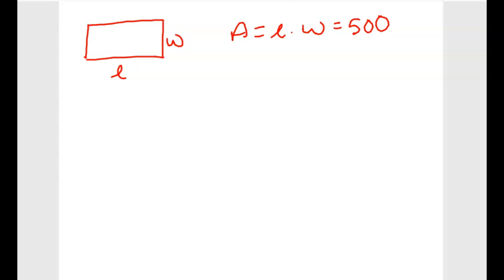So the cost is equal to the front and back that uses $5 a foot. So we're going to say that that's X. So it's $5 times 2X because you have material on the front and on the back. And I went from L's and W's to X and Y's because I kind of hate L and W.